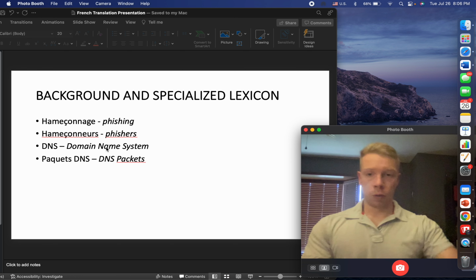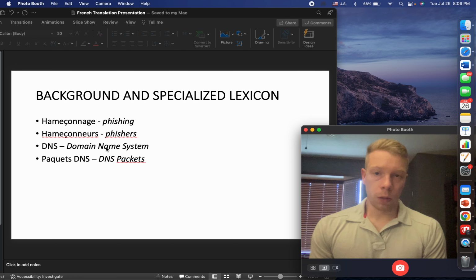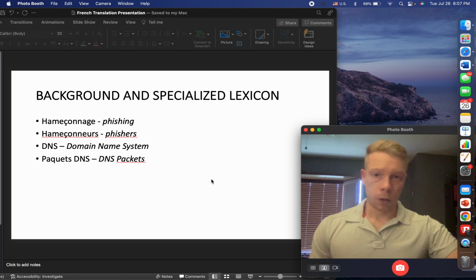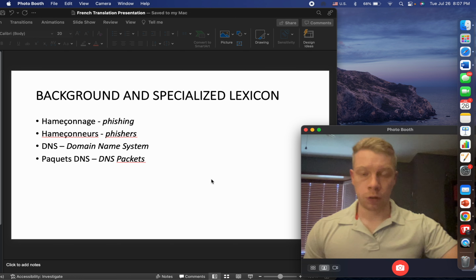DNS is the domain name system. This is a universal system for correlating groups of numbers into surface text that's understandable in a URL address. So typically, when computers function, everything is just numbers. But we have certain protocols in place that convert groups of numbers into language that's more superficially understood by end users.